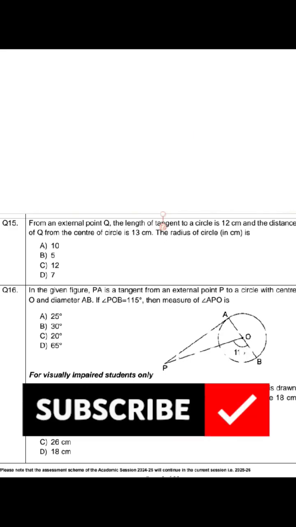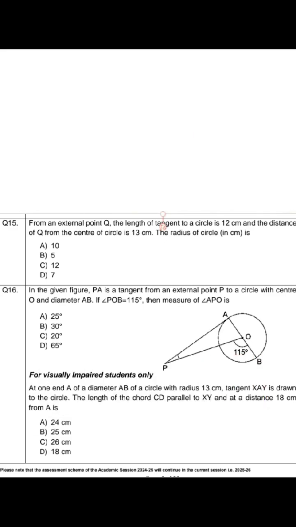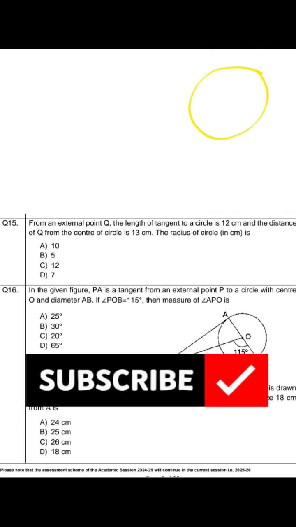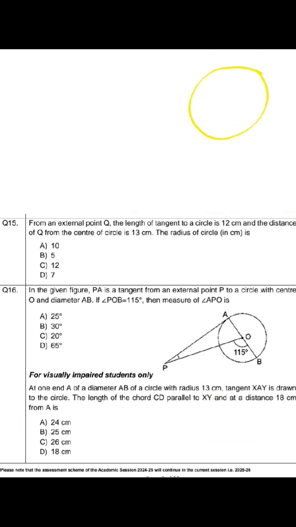Let this be the circle and here is your point Q. So from point Q the length of the tangent to the circle is 12 centimeter. This is your 12 and this is your center here.